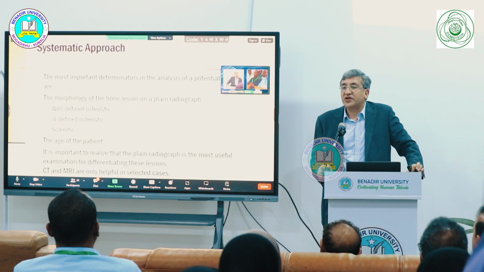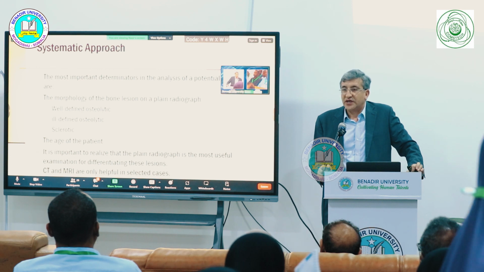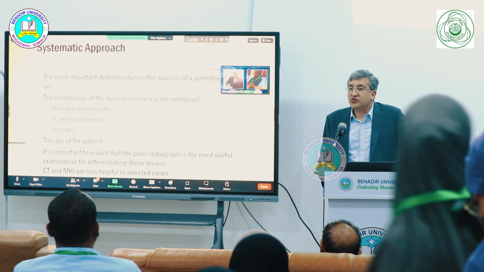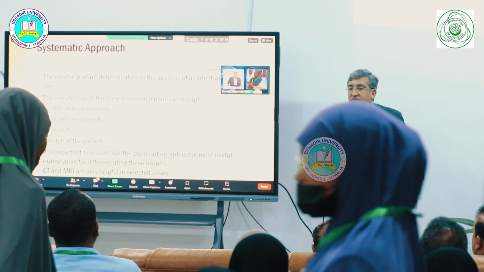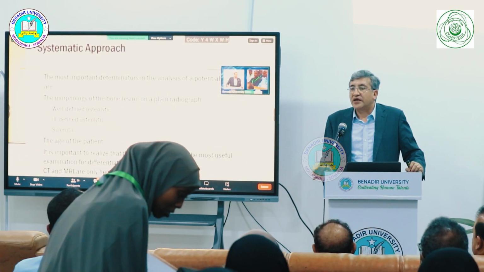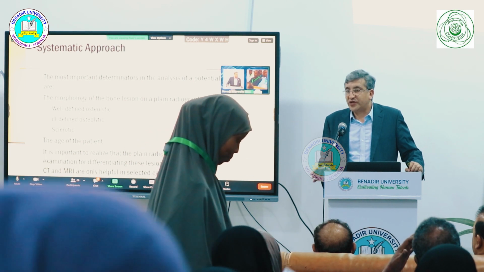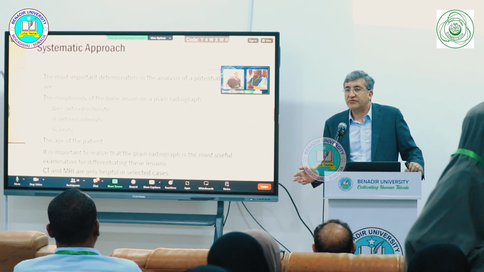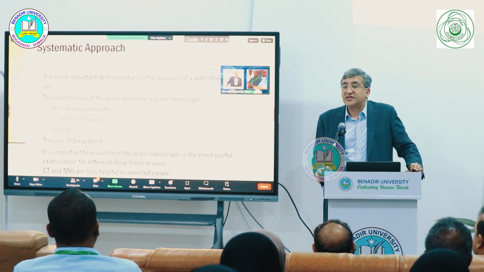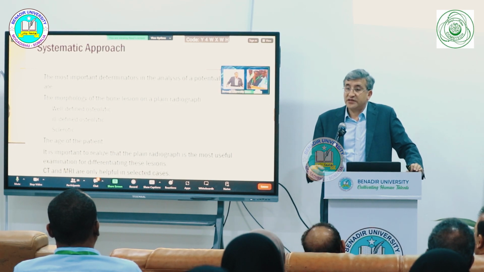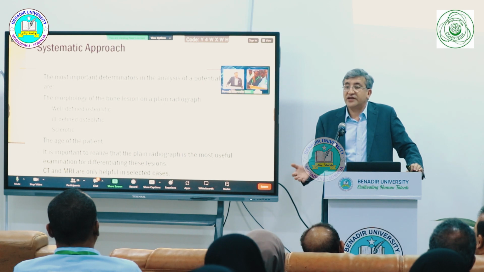Next, important is the age of the patient. Plain X-ray is very useful for interpretation of the lesion. It gives very useful information to determine benign versus malignant. On MRI and CT scan, benign lesions may look malignant and vice versa.